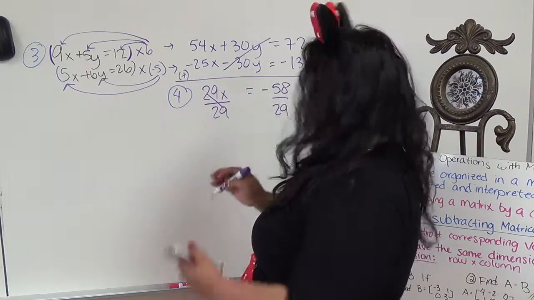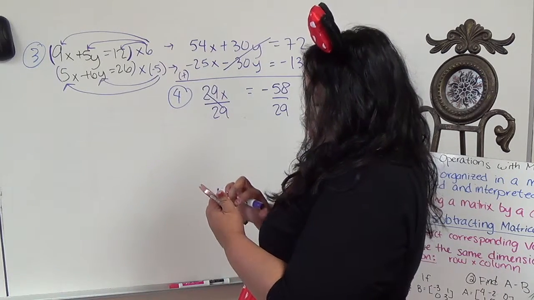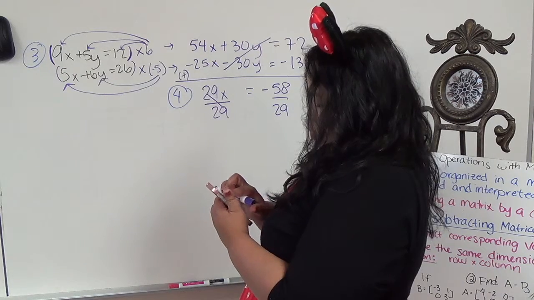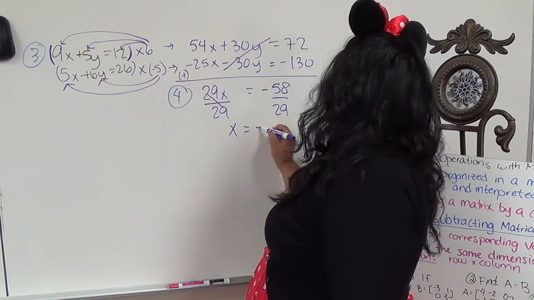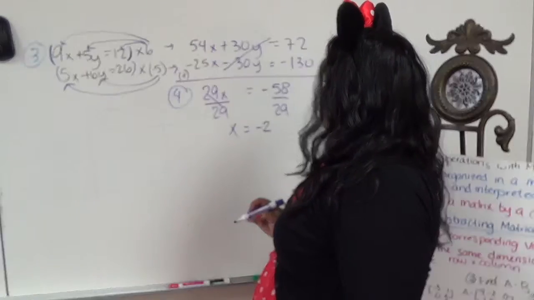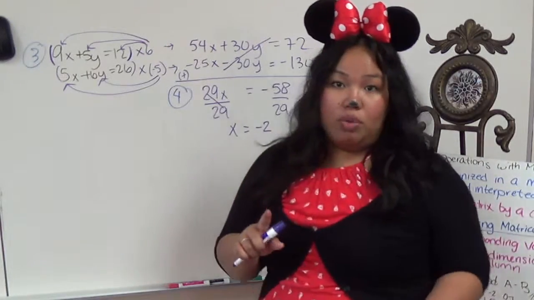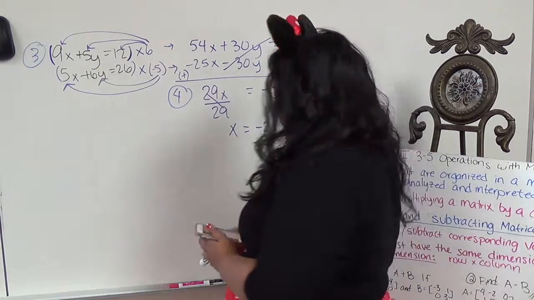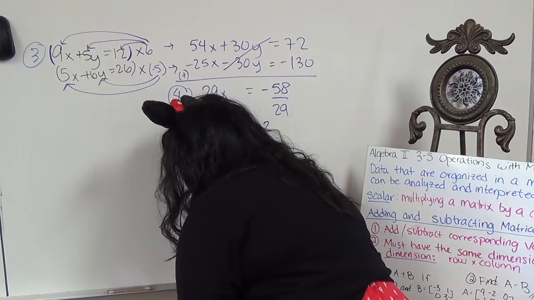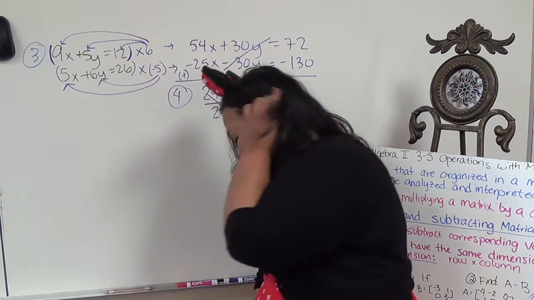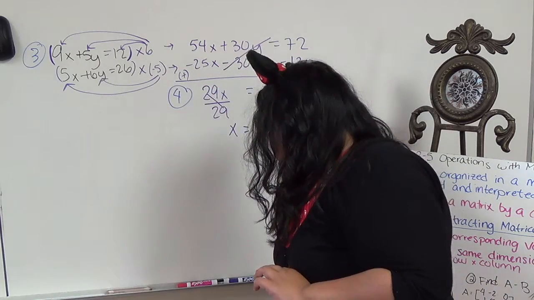This cancels out. Just give me 2. Yeah, should be able to do that. X equals -2, right? So now I have one variable. Now I can start plugging in. So step number 5, you should already have in your paper, says plug in variable to equation from number 3.